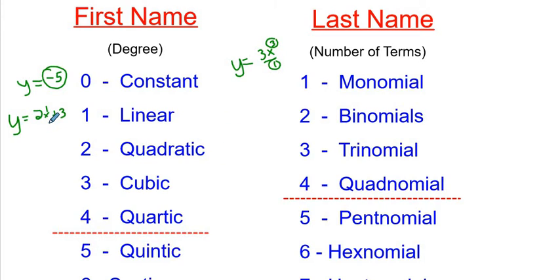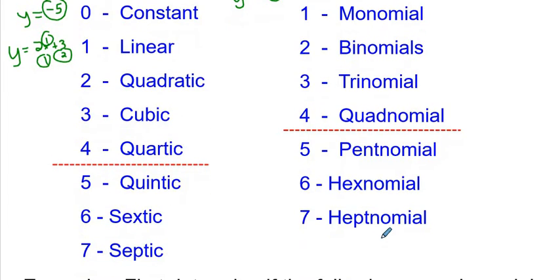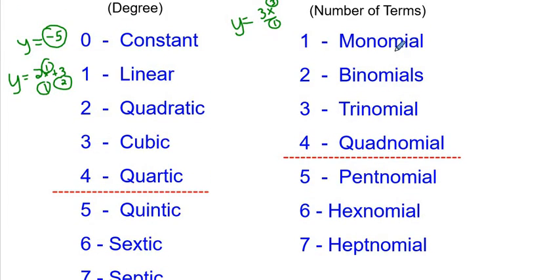However, if I had something like this, this would be linear first, and then notice that there are 1, 2 terms, so this would be called a binomial, bi meaning 2. Obviously it goes from there: trinomial, quadnomial, pentanomial, hexanomial, heptanomial, and so on. Typically we only learn up to quadnomial. An example is if I had y is equal to, we'll do a quadratic, x squared plus 4x minus 3.